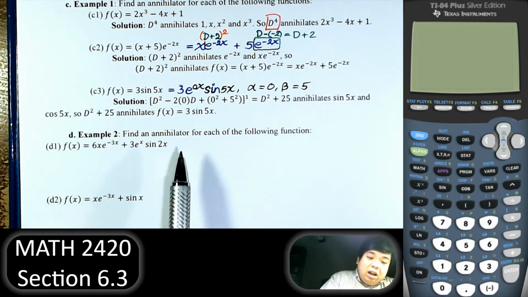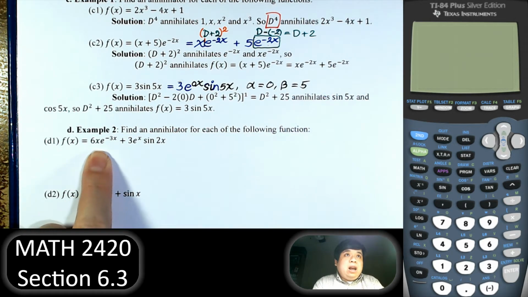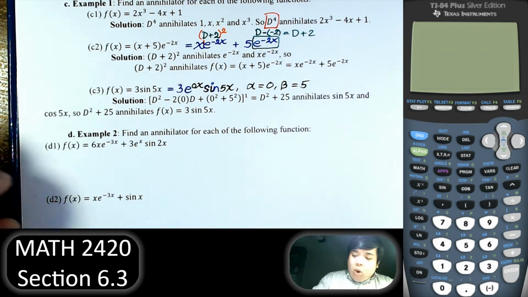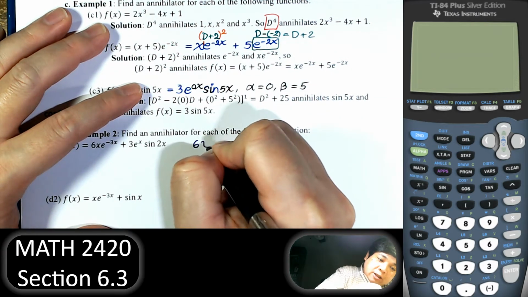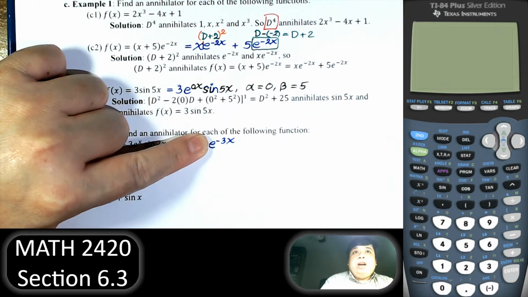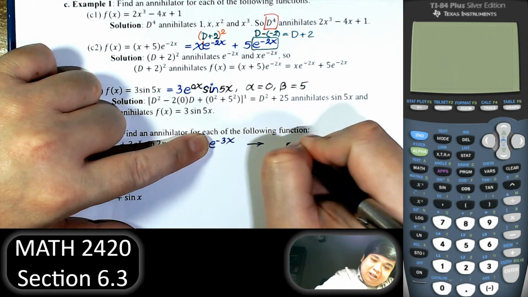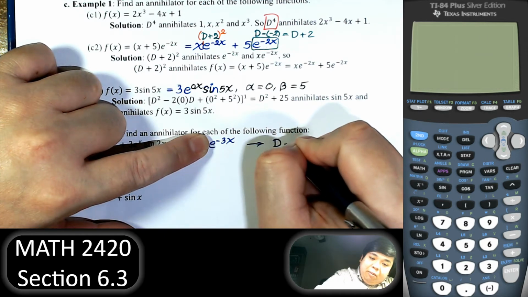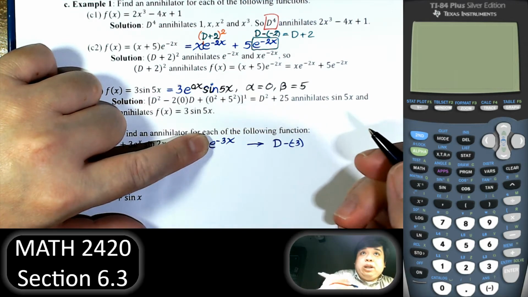I'll find an annihilator for this function. Right, so first, what annihilates 6x e^(−3x)? We'll just look at one term at a time. For e^(−3x), the annihilator will be d − (−3), or d + 3.